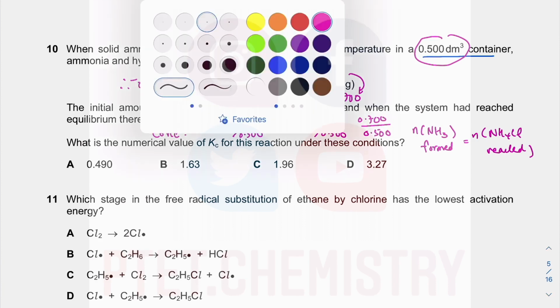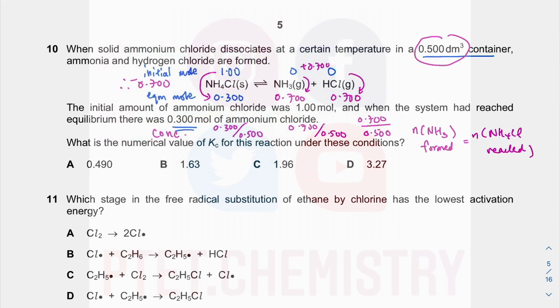And then because we know Kc has to do with concentration, Kc is the concentration of NH3 times the concentration of HCl, because they are both raised to the power of 1 since there's only 1 in their stoichiometric balanced equation. Divide by the concentration of the reactant. However, the reactant is a solid. The reactant is not a solution.